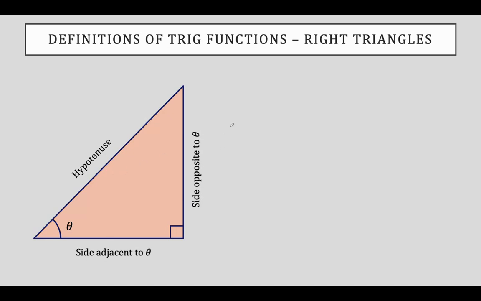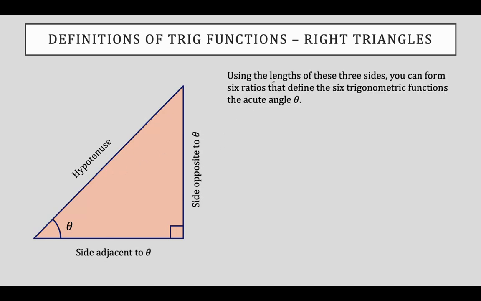So we can use the lengths of these three sides to form the six ratios that define the six trigonometric functions of the acute angle theta. All right, so we have six different trig functions.